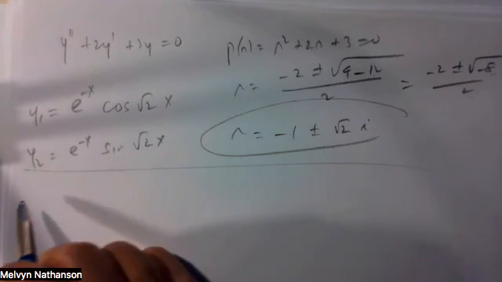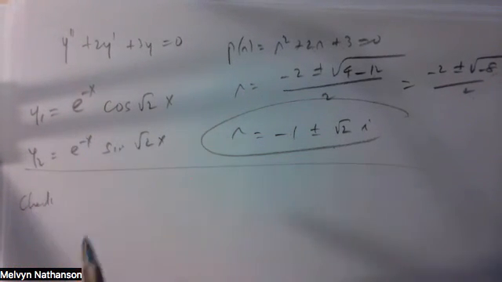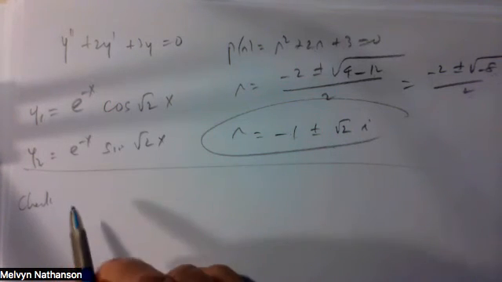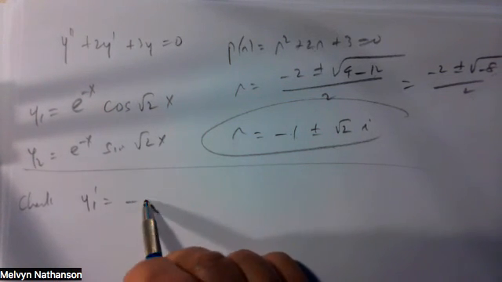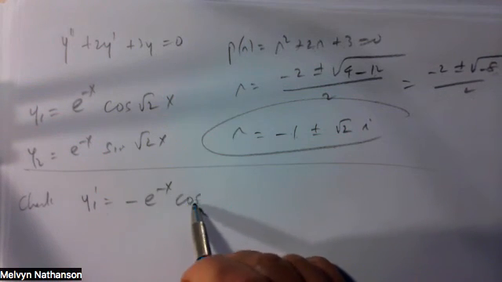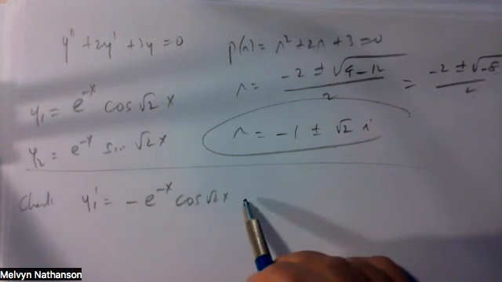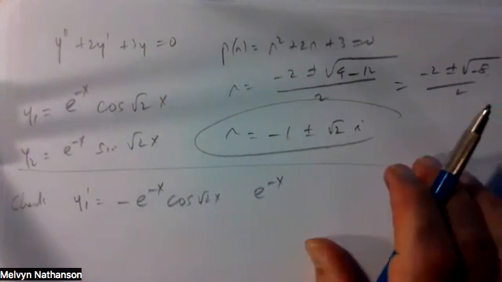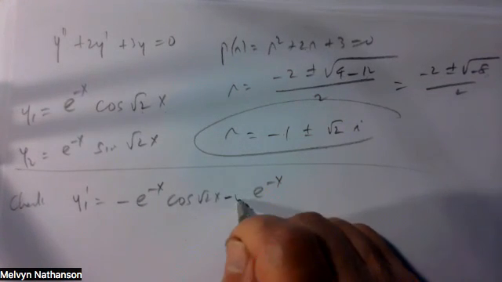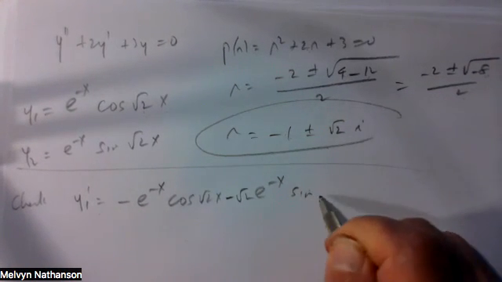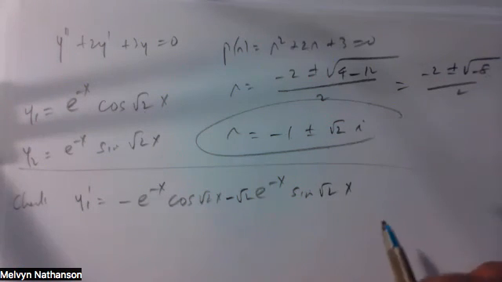So let me just check. Let me just check y1. If this is y1, y1 prime is minus e to the minus x cosine root 2x plus e to the minus x times the derivative of cosine root 2x, which is minus root 2 sine of root 2x.